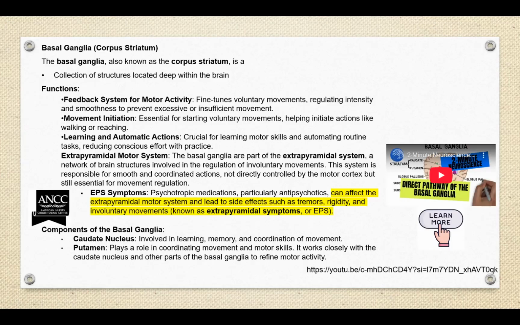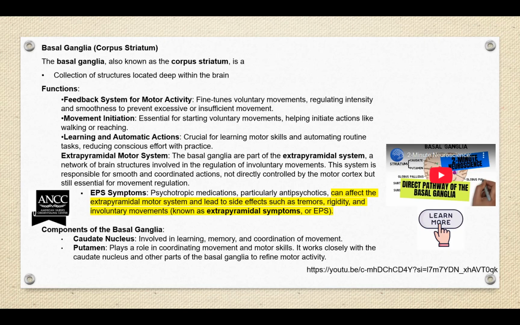All right. So for this slide, I really want you to focus and memorize this slide. And I also want you to watch this video here. Okay. The basal ganglia is a part of the extrapyramidal system, a network of brain structures involved in the regulation of involuntary movements.